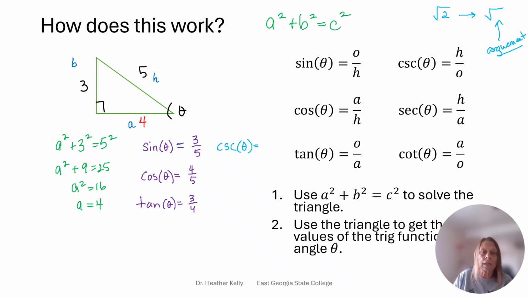So the cosecant is 5 over 3. You can see that they kind of have a reciprocal relationship, which is in fact what they have. And then I will write the secant of theta. Well, the secant of theta is the hypotenuse over the adjacent, which happens to be the reciprocal of cosine, and then finally that cotan of theta, which is 4 over 3.